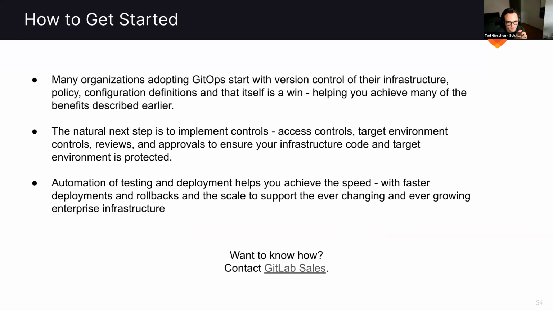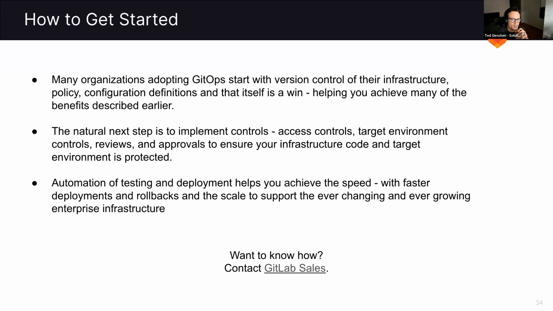So how do you get started? First of all, one thing that we notice is a lot of organizations start their GitOps journey by version controlling their infrastructure, their policies, and configuration definitions. Next would be implementing controls: access controls, target environment controls, review, and approvals, which really helps ensure everything is protected.